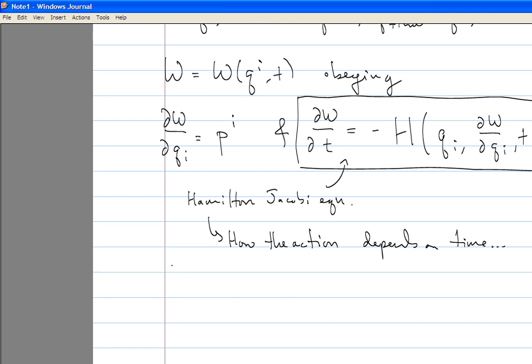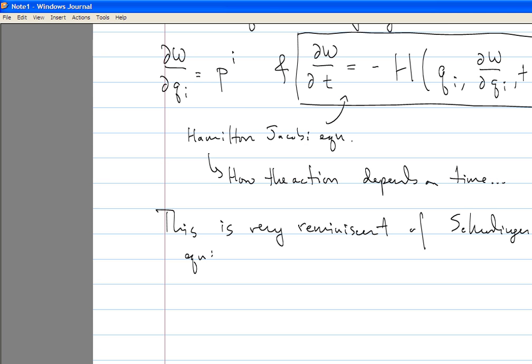So this is very reminiscent of Schrödinger's equation. So what is Schrödinger's equation? Schrödinger's equation says that you have a wave function, which is a function of position and time. And if you take the time derivative, then that is equal to the Hamiltonian acting on the wave function.